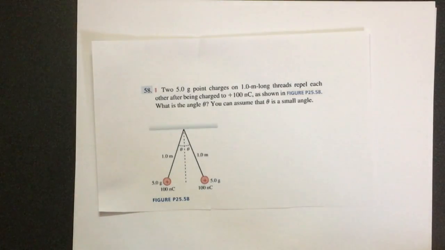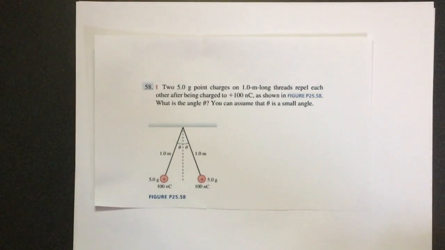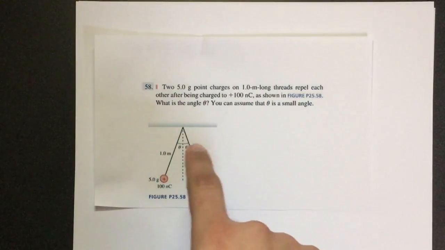Today I'm going to be doing problem 58, which I'm going to let y'all read for yourself, which says two 5.8 gram point charges on 1 meter long threads repel each other after being charged to 100 nanocoulombs, as shown in figure 25.58.